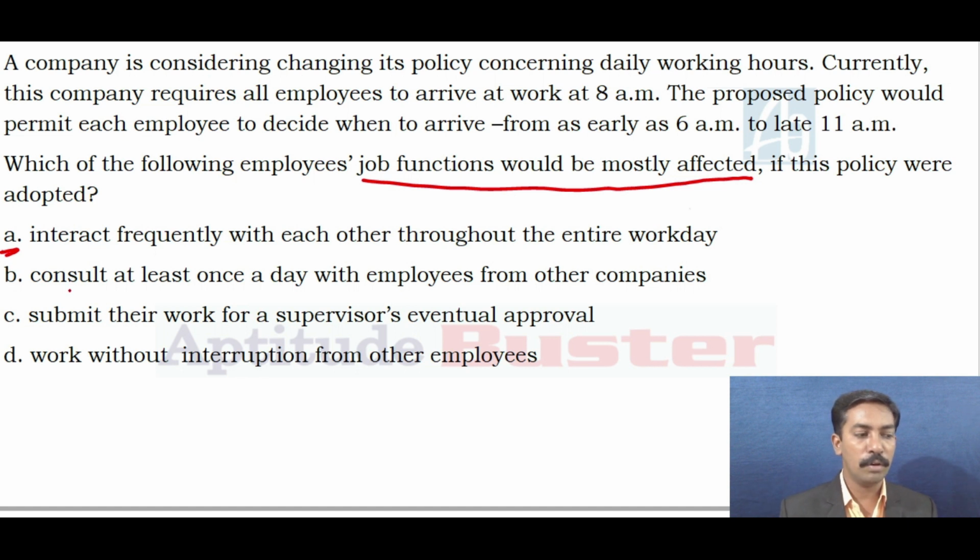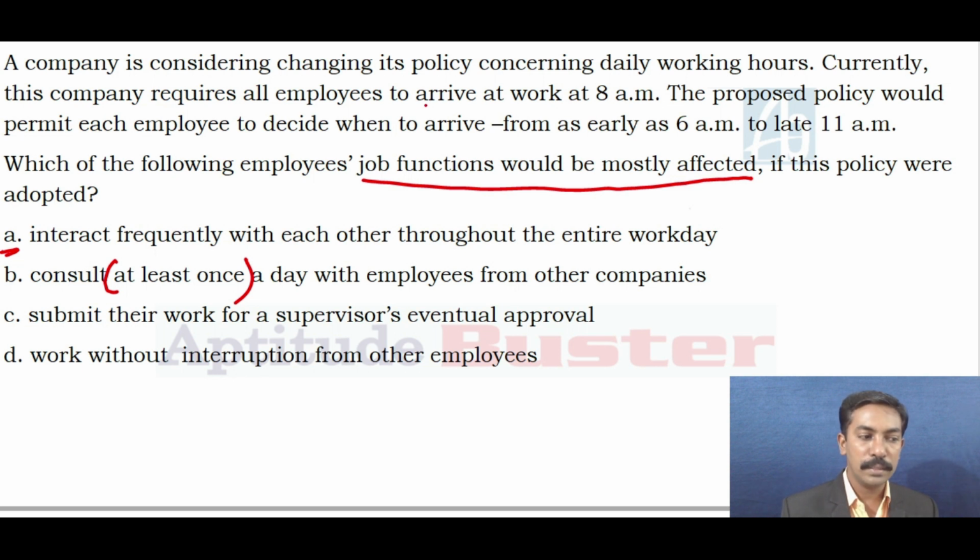Look at the second option. Consult at least once a day with employees from other companies. The option says consult at least once. If the employees report anywhere between 6 a.m. and 11 a.m. and the requirement is to consult at least once, yes, they can consult at least once a day because they have enough time.